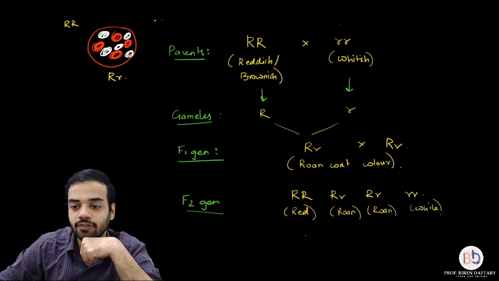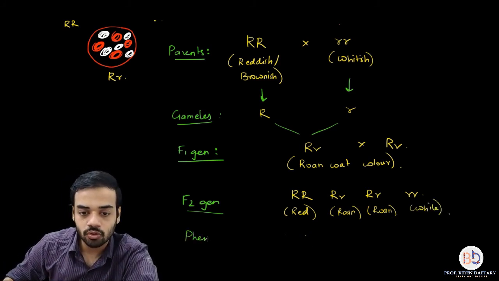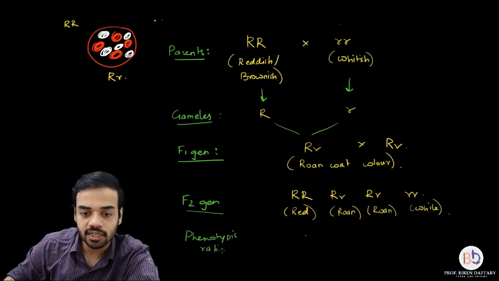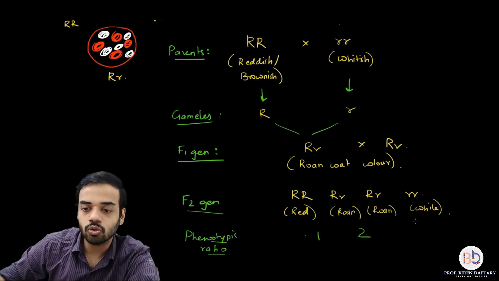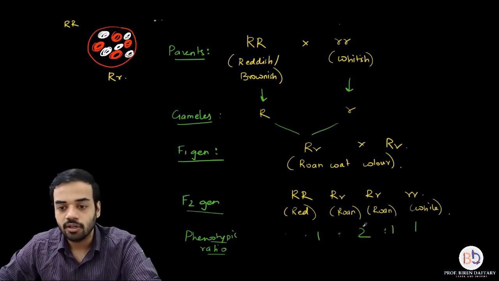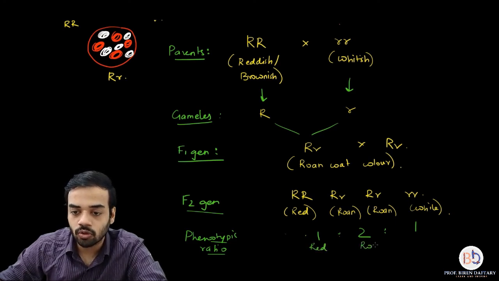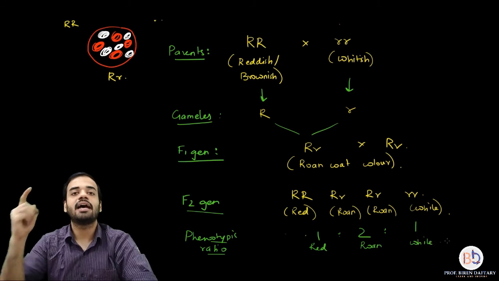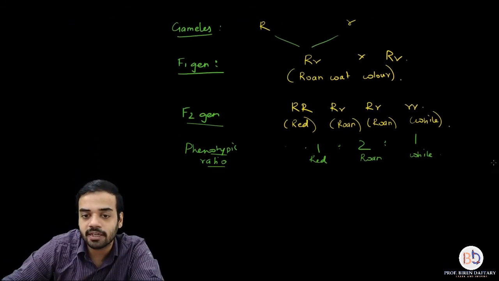So what will be the phenotypic ratio? Yes, can anybody tell me? So the phenotypic ratio is again going to be 1:2:1. Is this clear? Okay, 1 is going to be red, 2 is going to be Rouen, and 1 is going to be white. So this is the same as the phenotypic ratio in incomplete dominance. What will be the genotypic ratio?